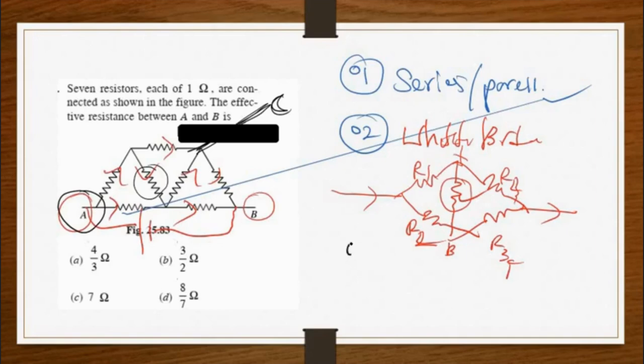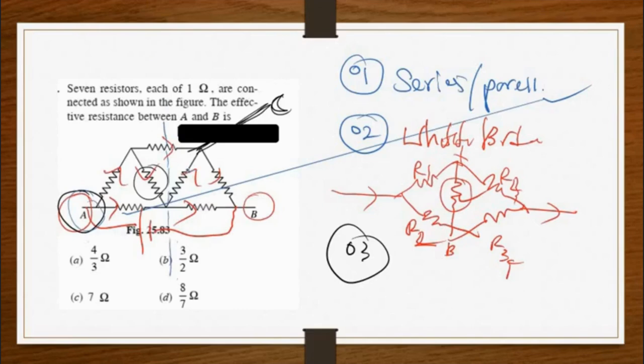So the third option I'm going to have is to find any symmetry. That means in symmetric positions, is there any points where potentials are equal? What I can say is, between A and B, this is symmetric from this axis.